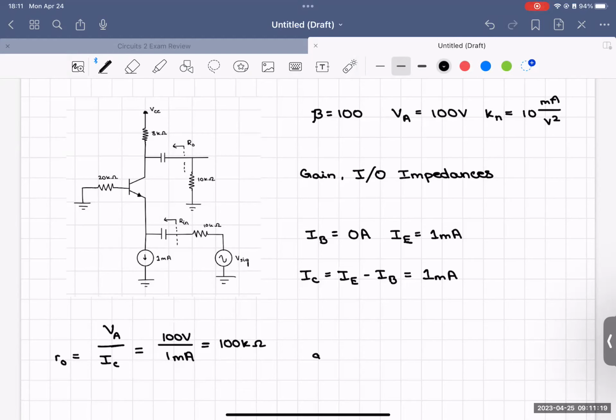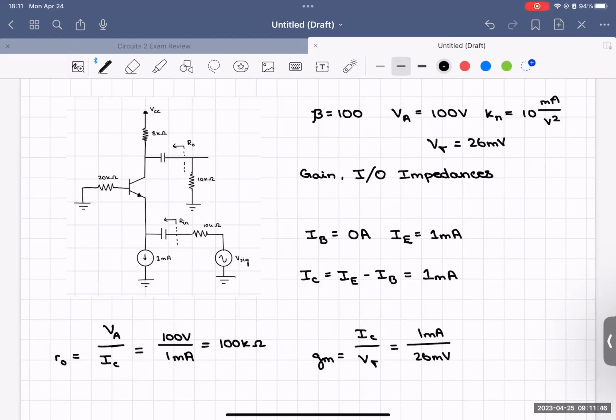We can check our conductance, GM. The equation is also given to you: IC over VT. VT is something I didn't write up here. It's given and it's not going to change. It's 26 millivolts, which will usually be the same for most operating temperatures and conditions. We see 1 milliamp, we already know that, and then 26 millivolts.